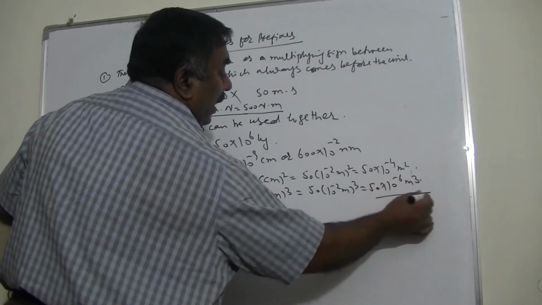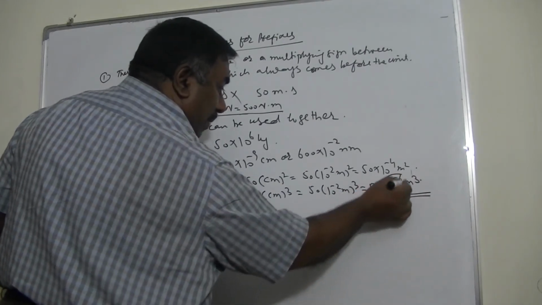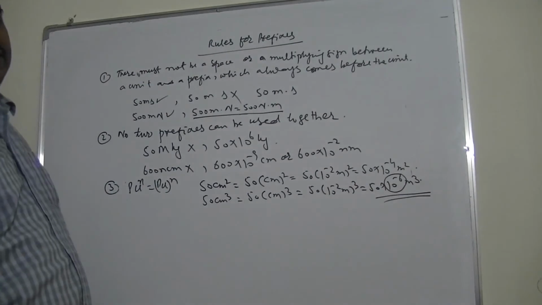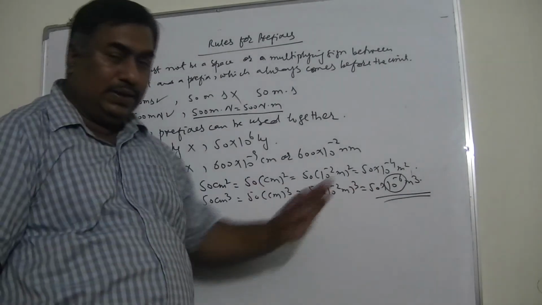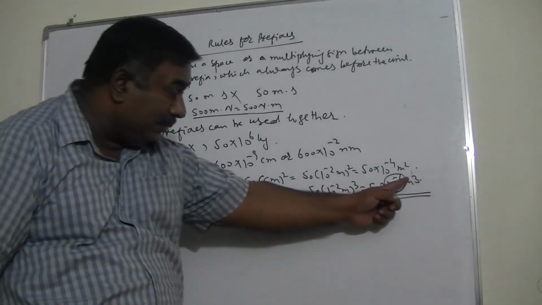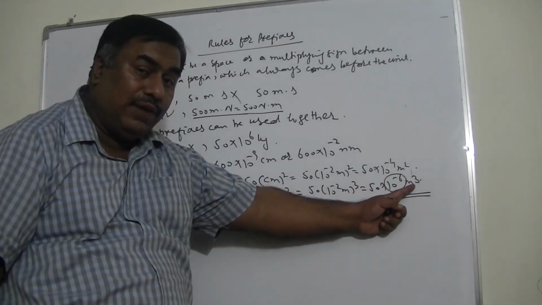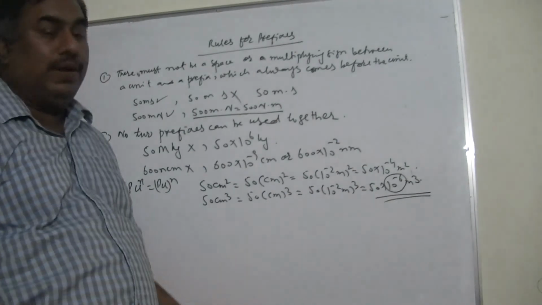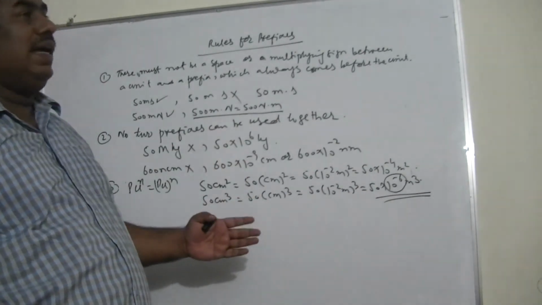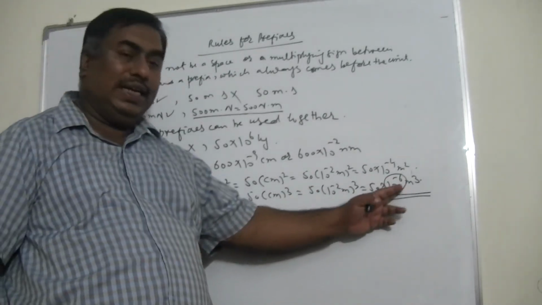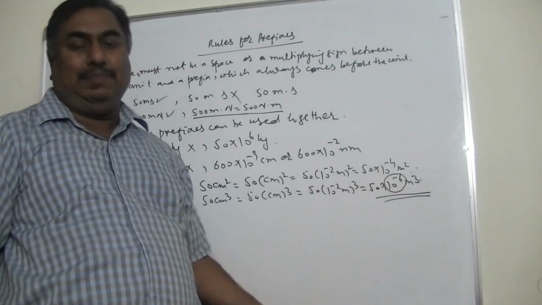Here an important thing: 10 power minus 6 is a prefix for which we can use micro, but we cannot use micro here. If I use micro, then this power of 3 will also be on the micro, which will be wrong. So from this rule, we can say if there is a power on a unit and prefix together, we cannot write that in the prefix form.